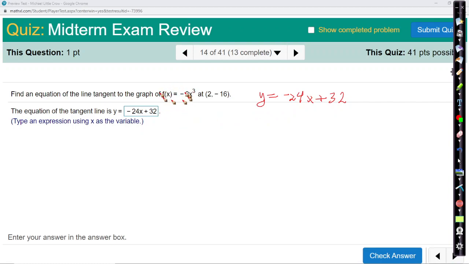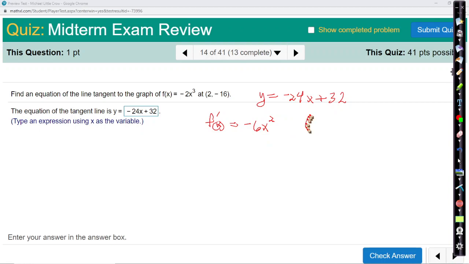Now, if you have to do this by hand, the slope of the tangent line comes from the derivative, so I want you to understand how this all works. We take the derivative of f of x, and that's going to be 3 times negative 2, which is negative 6, x squared, right? Then subtract 1 from the exponent. Now, this is our generalized slope.